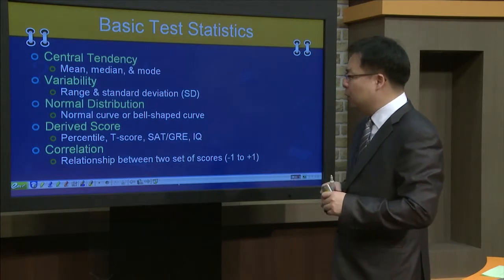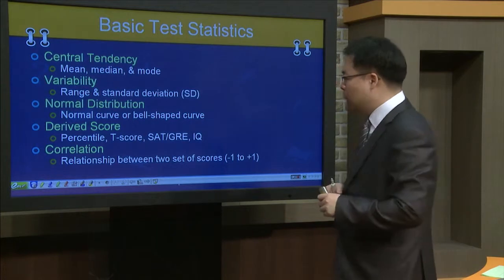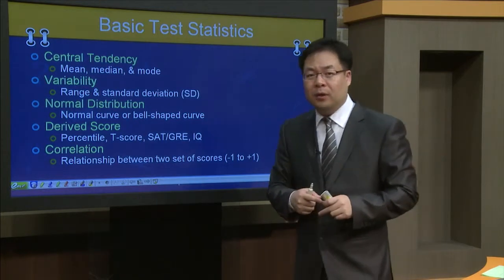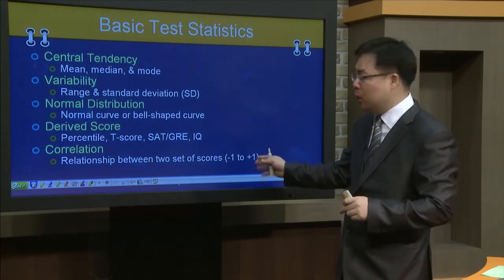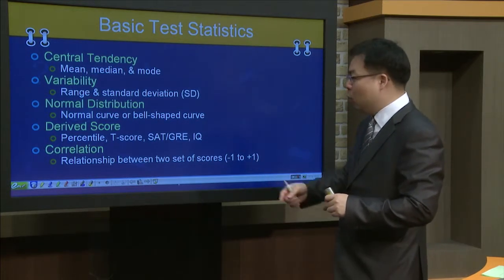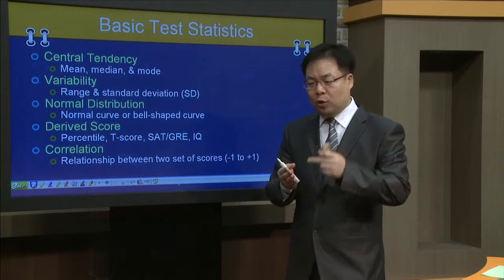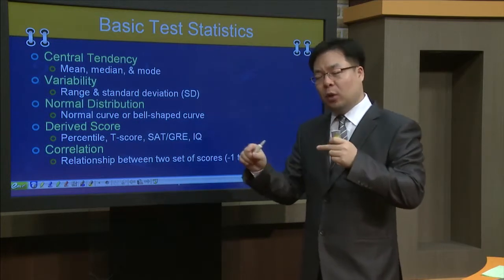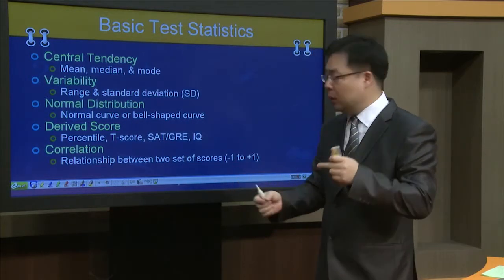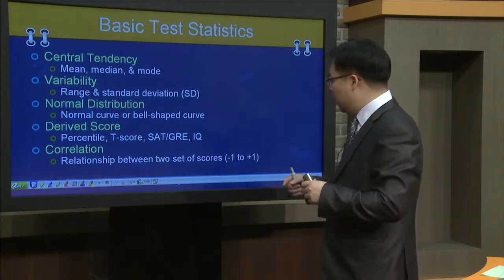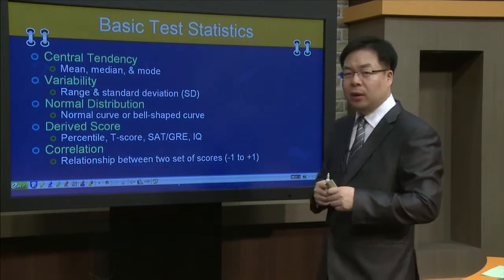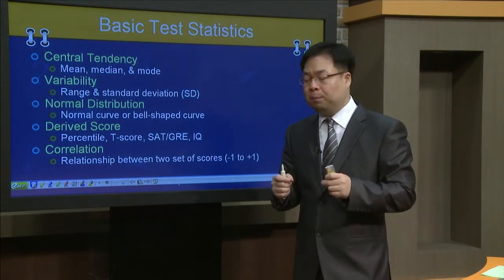The correlation shows the relationship between two sets of scores. It ranges from -1 to +1. -1 is a negative relationship: if one score is going up, the other variable is going down, and -1 is a perfect negative relationship, and +1 is a perfect positive relationship.